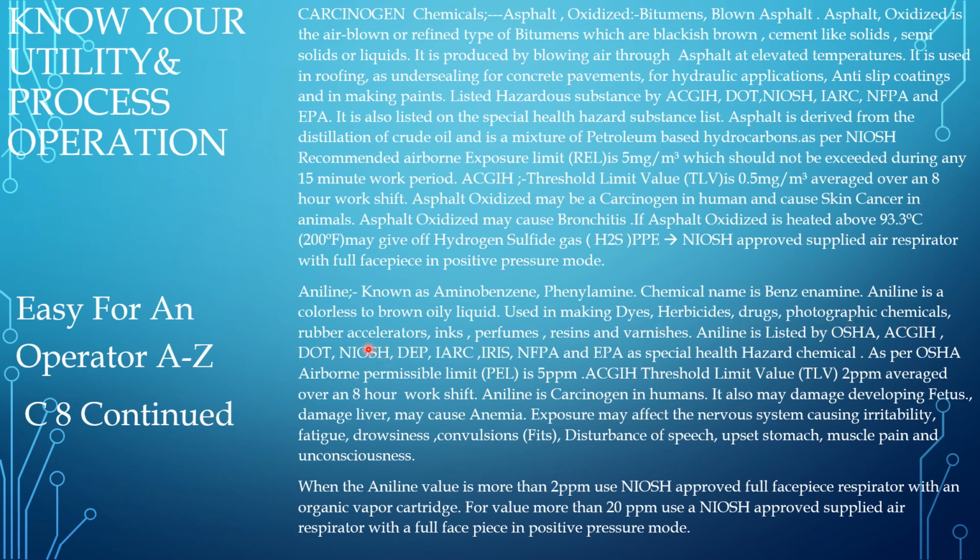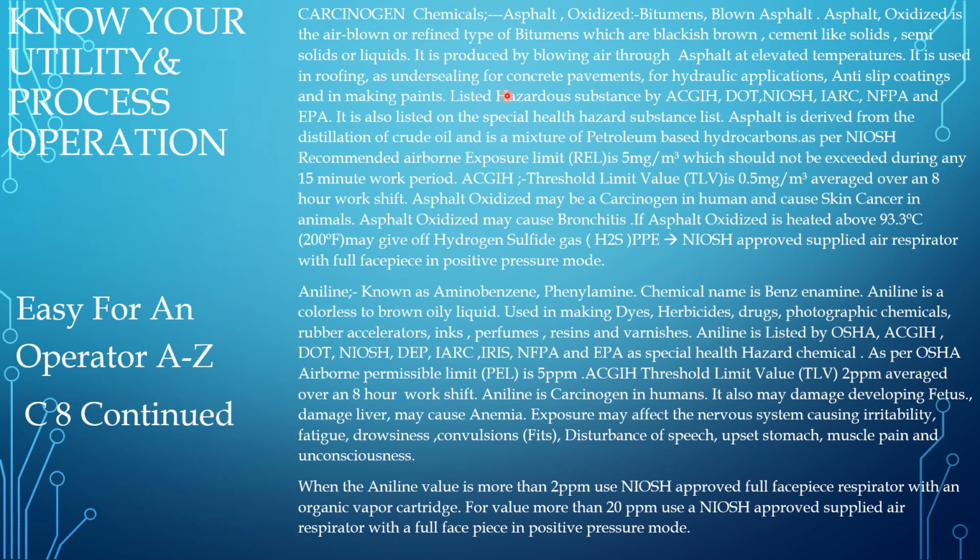Aniline is used in dyes and photographic chemicals mainly. So people working in that type of industry have to follow the following PPE. When the aniline value is more than 2 ppm, use a NIOSH approved full facepiece respirator with an organic vapor cartridge. For values more than 20 ppm, use a NIOSH approved supplied air respirator with a full facepiece in positive pressure mode.